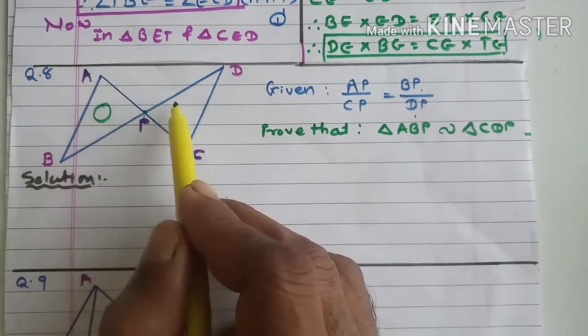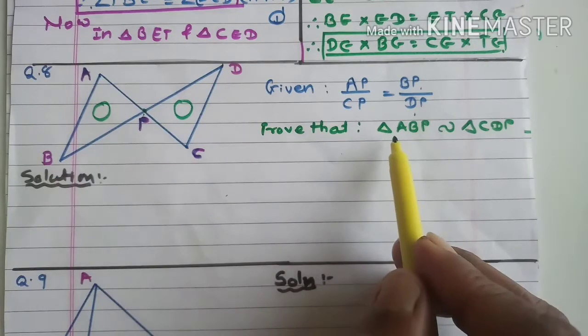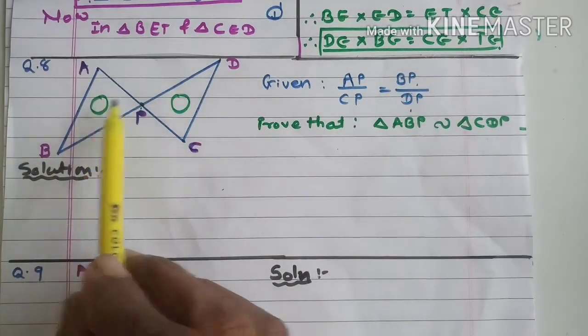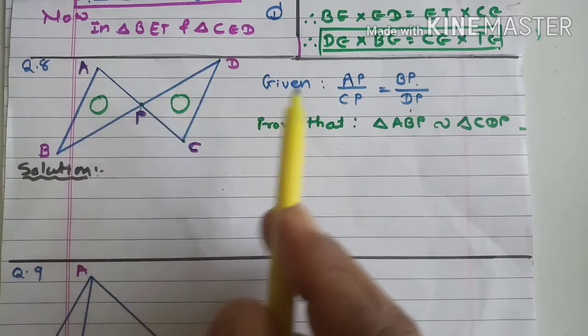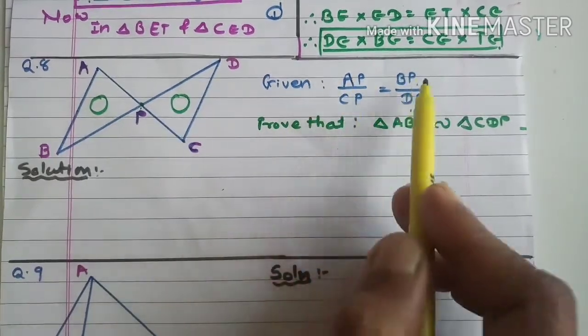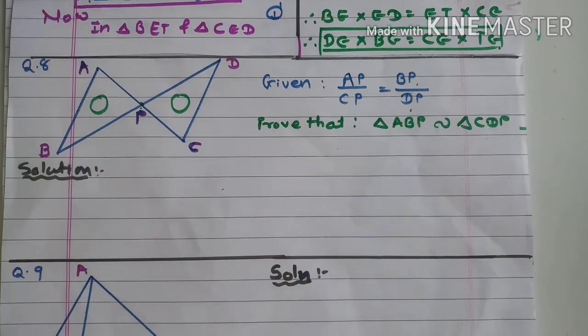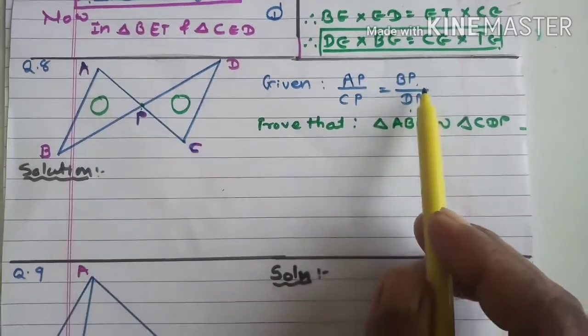So we have to prove the triangles similar. It is very simple. They have given the ratio of 2 corresponding sides equal. So we need just one thing: either the angle between them should be congruent, or the remaining pair of corresponding sides should be in proportion.